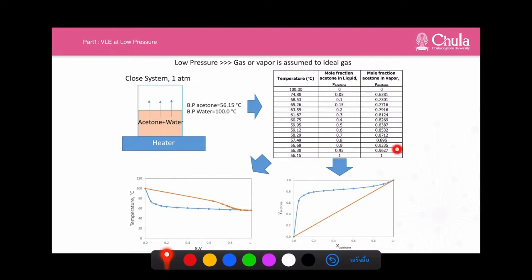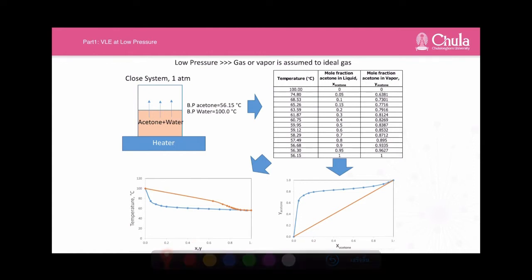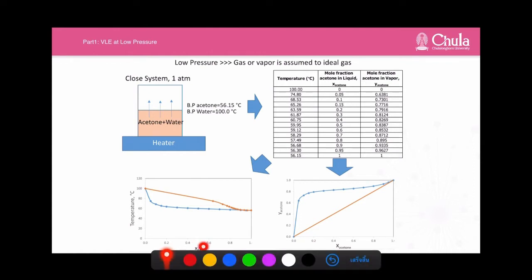And this data can be represented in the form of a graph. We can plot x and y, the mole fraction of acetone in liquid phase and the mole fraction of acetone in vapor phase, with temperature.